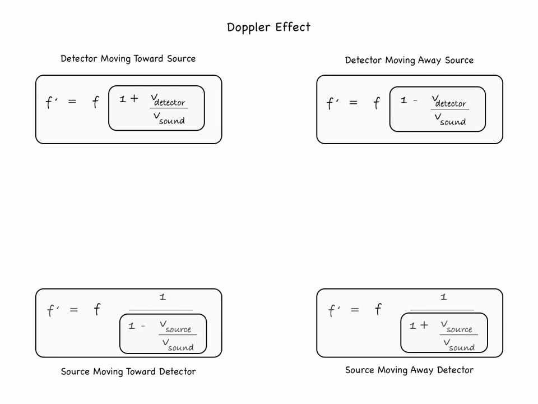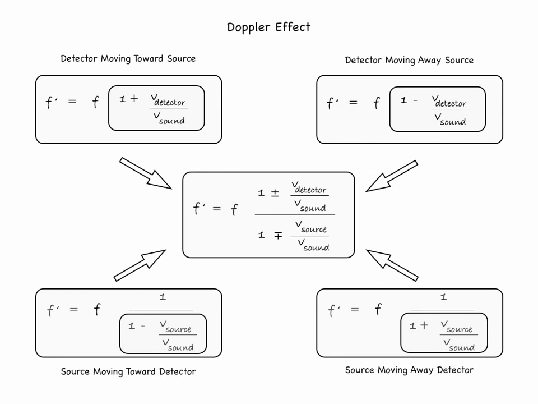We can see that all the corrections to the frequency with which the bleeps are emitted are very similar in form, so it's typical to combine them into one formula. The frequency with which the bleeps are detected will be equal to the frequency with which they are emitted, multiplied by a factor that will depend on whether the detector and/or the source are moving toward or away.